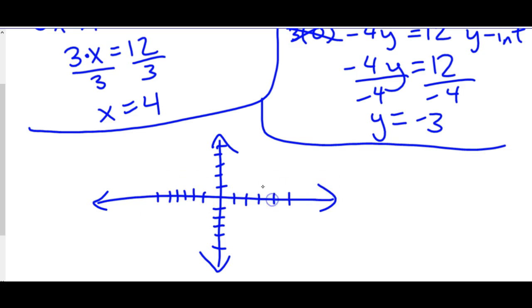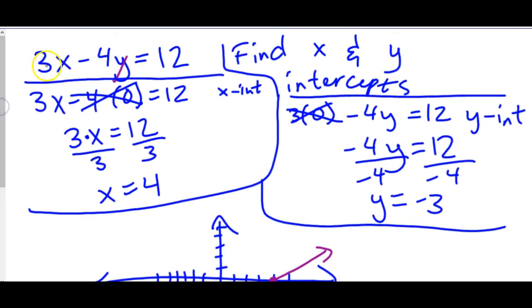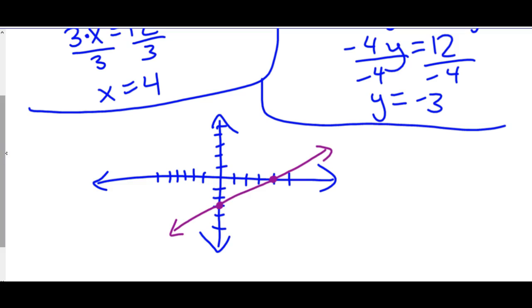Positive 4 is here. On the y-axis, we cross at negative 3. Negative 3 on the y-axis is here. And if you connect the two dots with a straight line, you have your line that goes with that original equation we started with, 3x minus 4y equals 12.